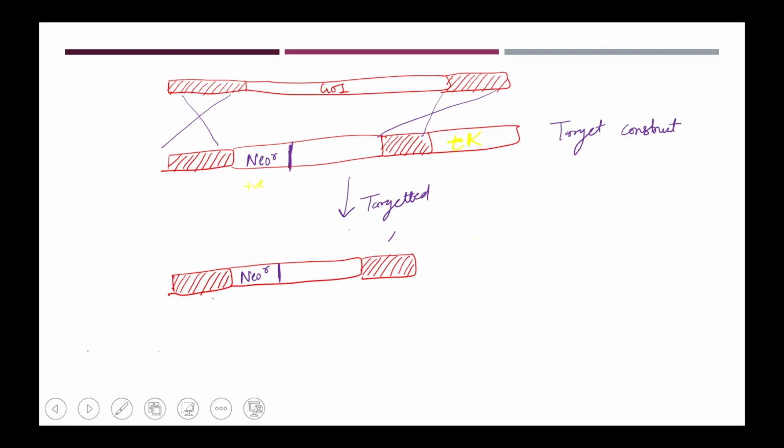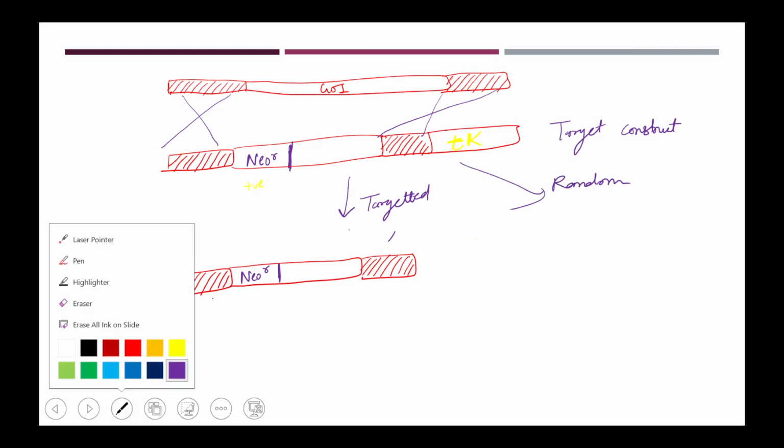Now if it is a random integration, at some other place, what will happen?